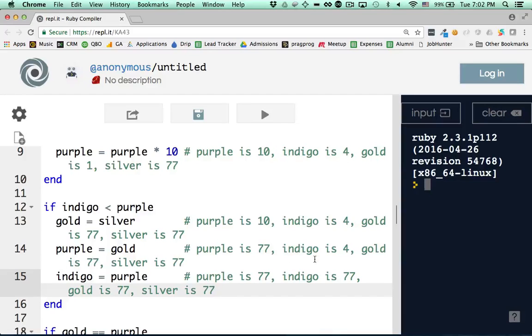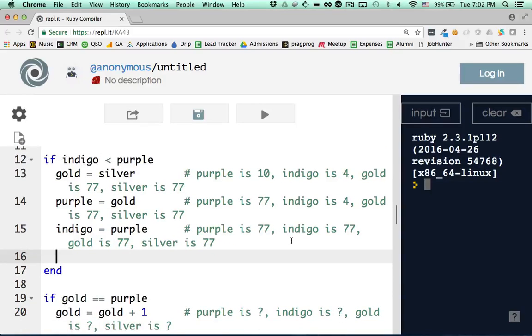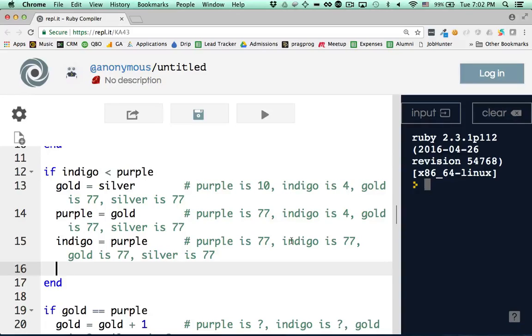Yeah. So let's say you added another line after 15. Then would it be reading it as 77, as indigo is not less than purple anymore?